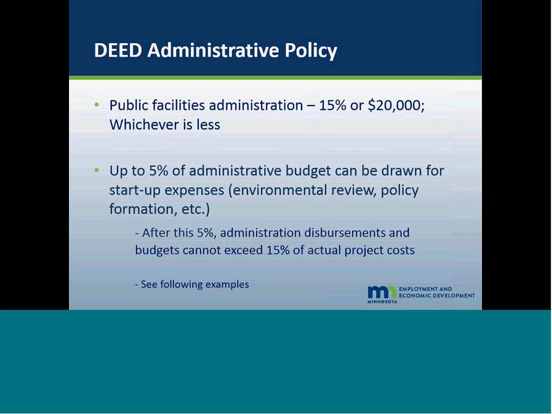As an administrative budget, when you have been awarded the grant, you can request up to 5% of admin for upfront expenses, for example environmental review, policy formation, etc. This 5% administration disbursement must not exceed 15% of actual project costs, so it has to balance out, allowing 5% upfront.